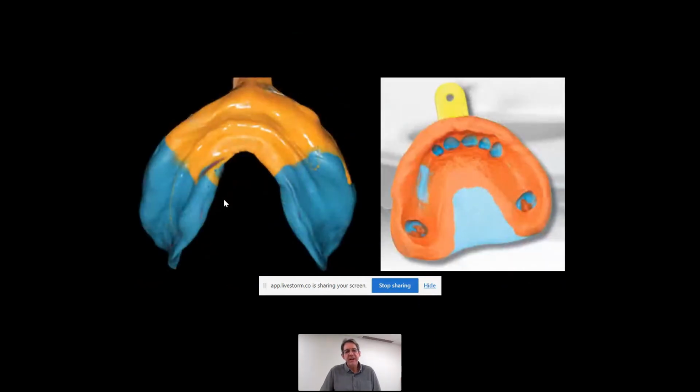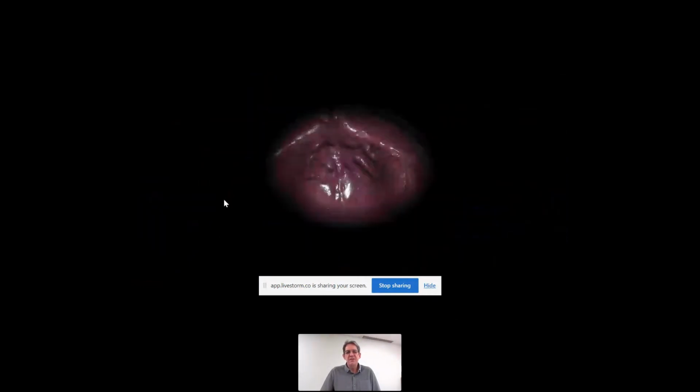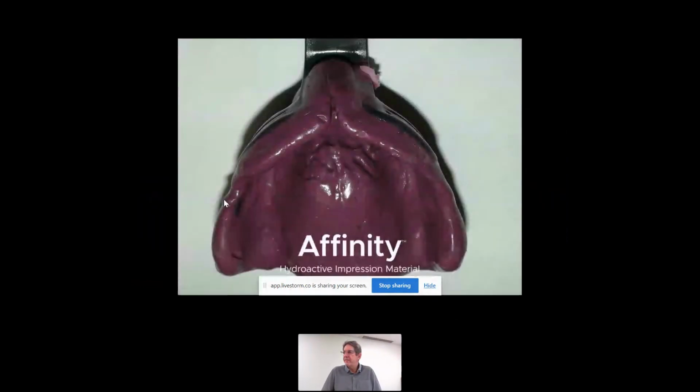Then for single phase impressions or partials or edentulous impressions, this is where we would recommend our monophase. This is a material that's most similar to polyether, but with some clinical benefits. It has the same gum-like consistency as polyether, but it has no taste, it has no odor.